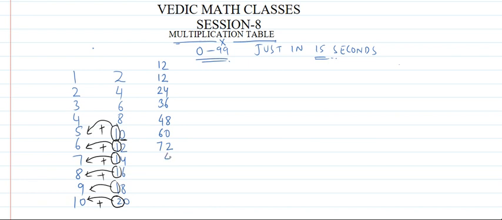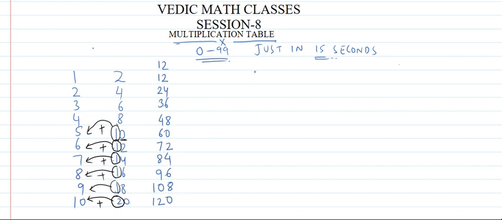Here unit digit is 4, and this 1 will be added with 7, so it will be 84. Likewise, unit digit is 6, and this 1 will be added to 8, so it will be 96. Here also unit digit is 8, and this 1 will be added to 9, so 9 plus 1, that is 10, so 108. Here unit digit is 0, and this 2 will be added to 10, so 120. So this is the multiplication table of 12.